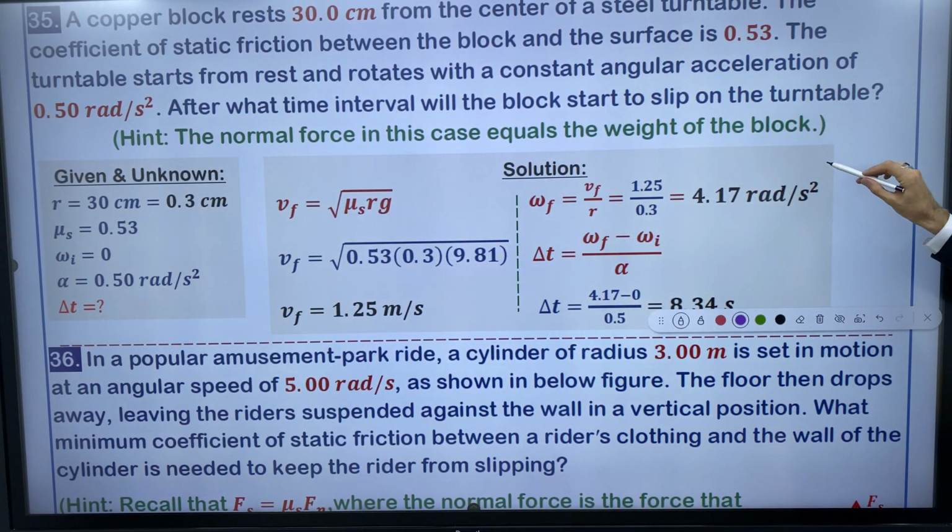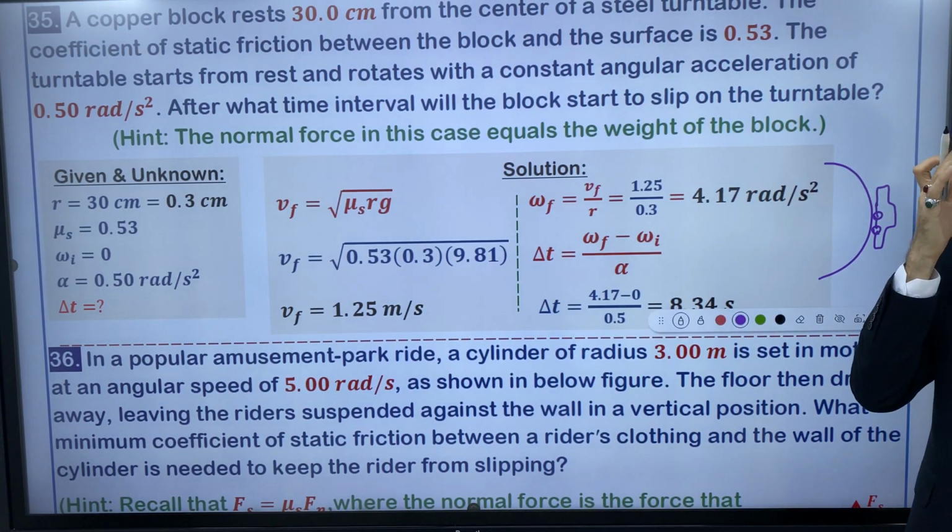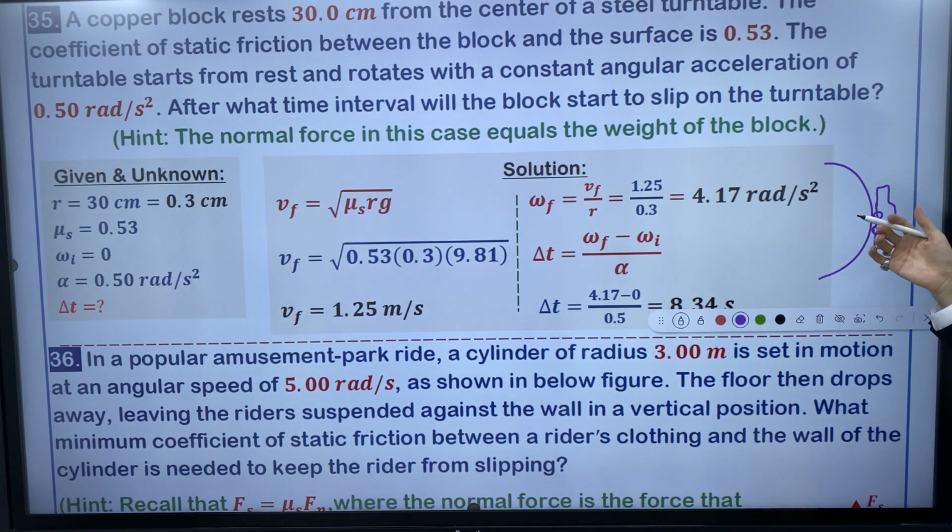For example, there's a steel block or a car. If the friction is the centripetal force, whether you have a steel block, a copper block or a car, no problem. Here, this arrow becomes Fs and Fc as well. Let me draw other parts. What's this?